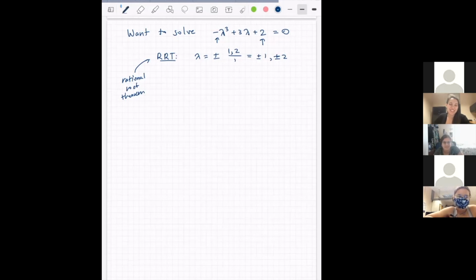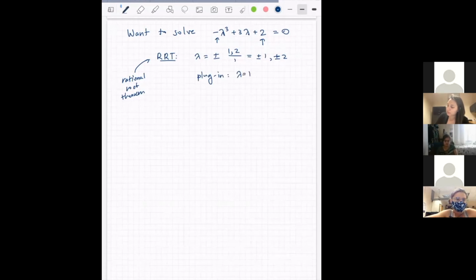Okay, that's probably good. So the way that we can test whether these possible roots are actual roots of our polynomial, the easiest way is just to plug them in, right? If they make the polynomial 0, then it's a root. If it doesn't make the polynomial 0, it's not a root, right? So let's go ahead and start plugging in.